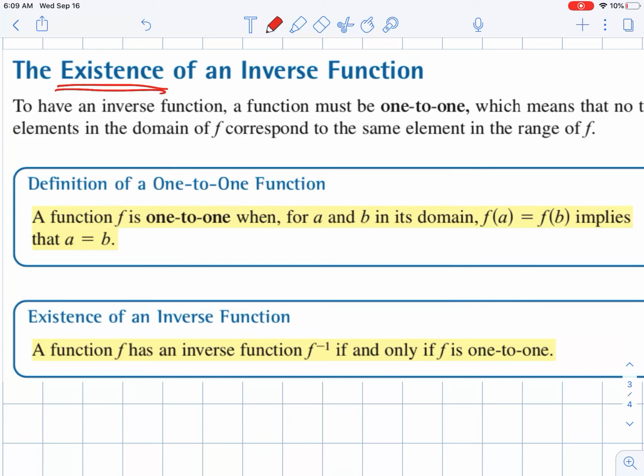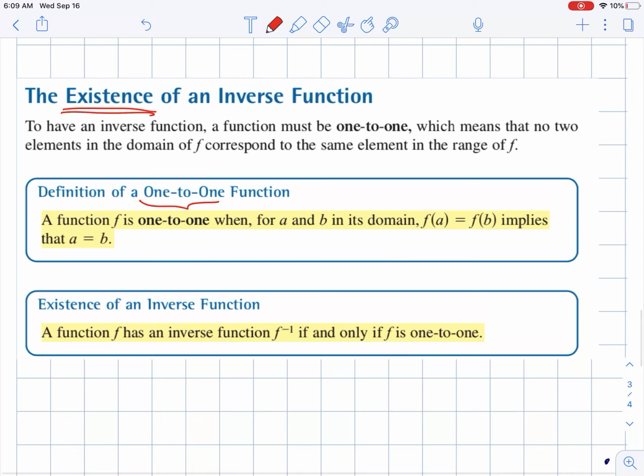So let's see, okay, how can we tell if an inverse even exists? One of the ways to tell if they exist is, number one, we have to know what's called a one-to-one function. To have an inverse function, a function must be one-to-one, which means that no two elements in the domain of f correspond to the same element in the range of f. So one value of x goes to only one value of y and vice versa, okay?